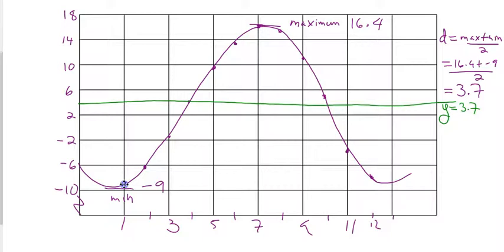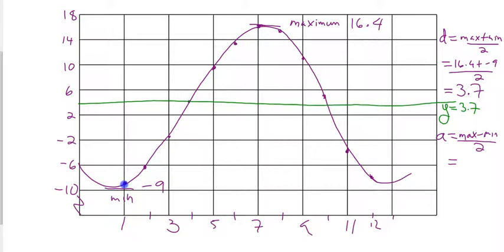Now, what's the amplitude? Well, we know that A is max minus min over 2. We can also just say, well, 3.7 to 16.4 is how much? That's another way to get amplitude, but we might as well calculate it out. Let's use the formula.